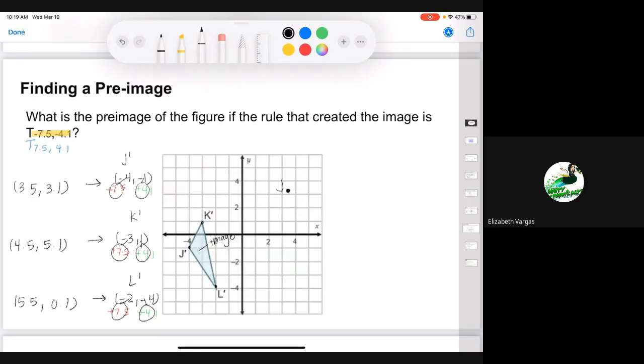There is my J. My K. And my L. Right? And I can see where that original pre-image was located. Okay, any questions about this? So finding the pre-image of the translation is a lot easier because all you're doing is doing the opposite. So here we subtracted, so now we're going to add. Okay.